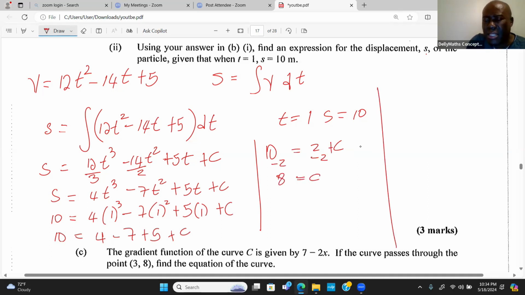So if I know that my constant is 8, then I can rewrite this stating that the displacement is equal to 4t to the third minus 7t squared plus 5t, and then I'm going to be adding 8 to that right there. And that's going to be my displacement there.